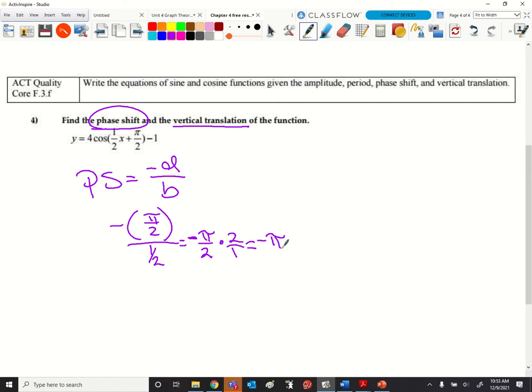What do you think negative 1 is going to do? Move it where? To the left? No, because that's my phase shift. My phase shift moves it left and right. Oh, it's going down. Down 1, right? So my vertical translation is going to be negative 1. So my vertical shift is negative 1, or I could also just say down 1. I get that. All right.